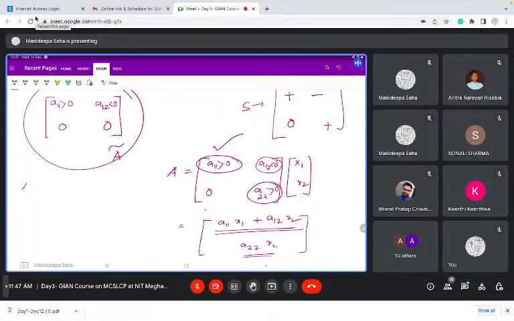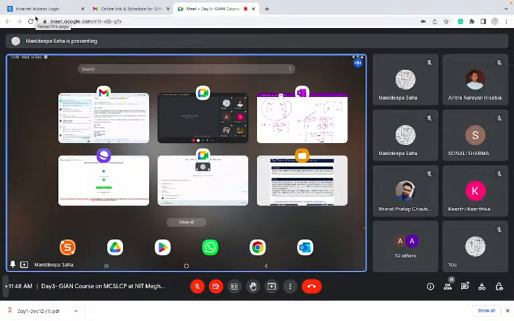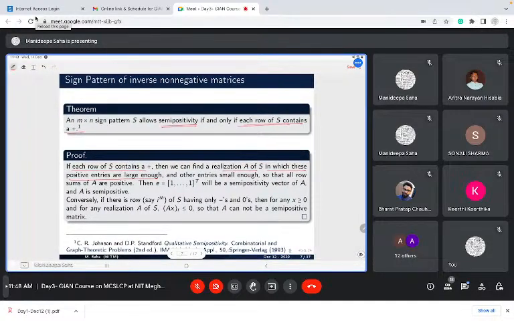Then A times 1 1 gives A11 plus A12, and A22, so these are row sums. Since the positive entry is large enough, I can make each row sum positive. Therefore this A is a semi-positive matrix. It means this sign pattern allows semi-positivity: we are able to find a semi-positive matrix which has sign pattern S.